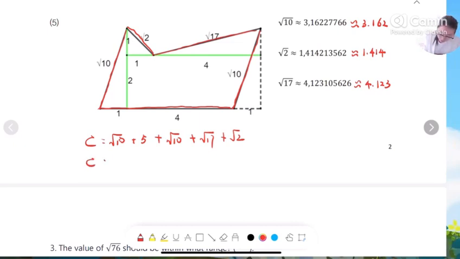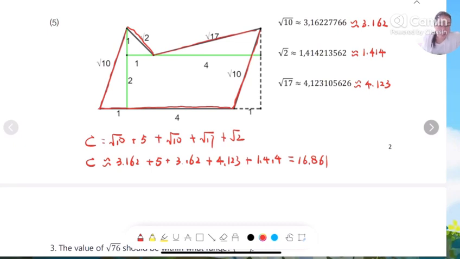So C is approximately equal to 3.162 plus 5 plus 3.162 plus 4.123 plus 1.414. The result is equal to 16.861, and the result is 16.86 to 2 decimal places.